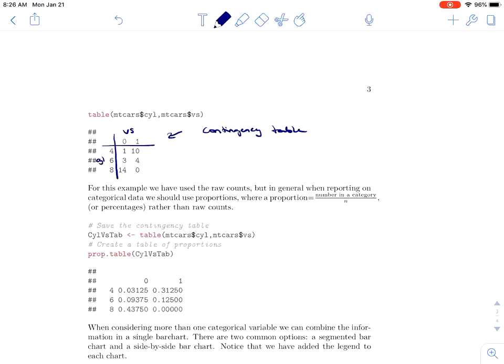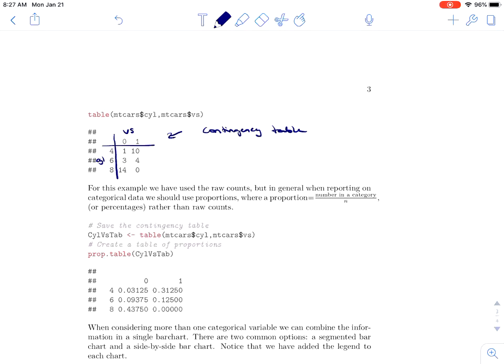Now we're able to look at, okay, how many V-shaped engines were four-cylinder engines? 1 out of the 32. And so now we're able to break it up and look at how one variable compares to the other.